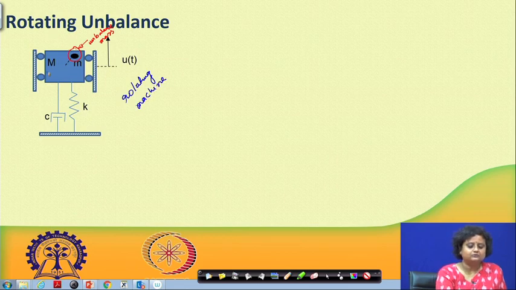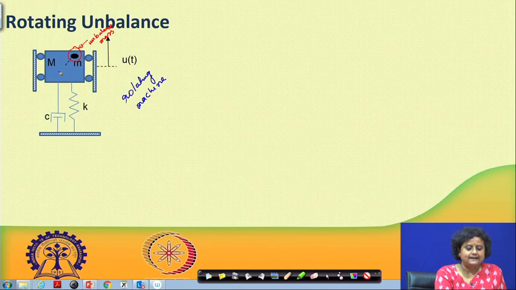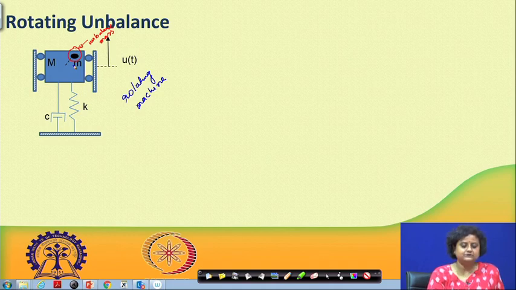The blades of the rotating device are otherwise balanced, and the centripetal or inertial force experienced by these blades cancels out each other, and there is no unbalanced or resultant force in the horizontal or vertical direction.